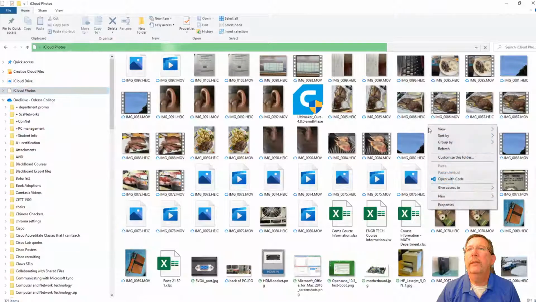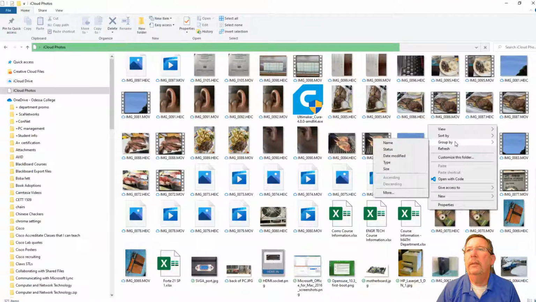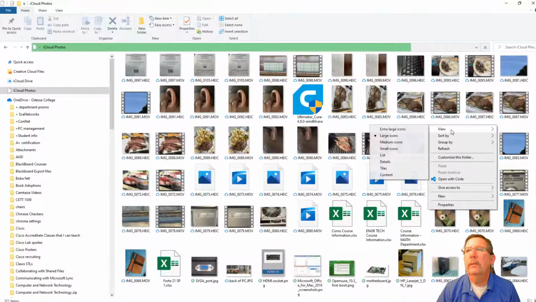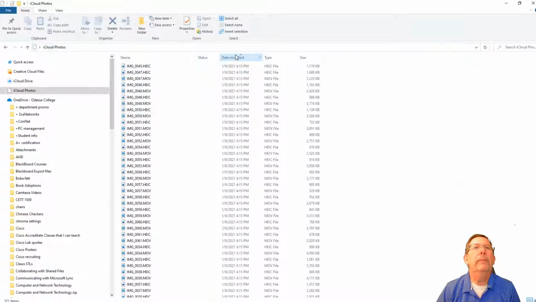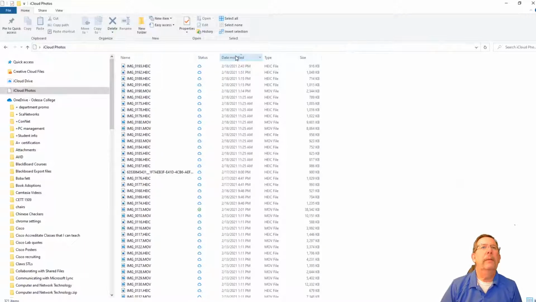Let me look at details. View details, and then let me modify it by date.